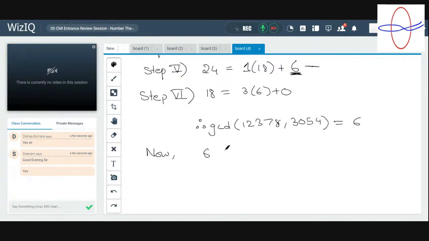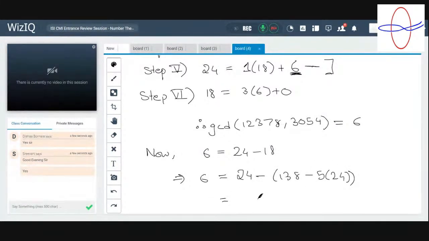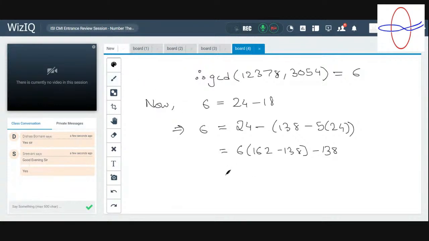Now you start by noticing that 6 is 24 minus 18. So I'm starting with this step and then I'm going to go the other way around, which implies that 6 is equal to 24 minus (138 minus 5 times 24), which is equal to 6 times 24 minus 138, and then 6 times 162 minus 6 times 138 minus 138, which means 6 times 162 minus 7 times 138.